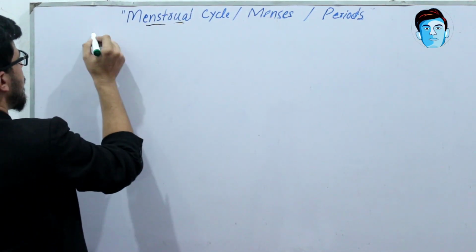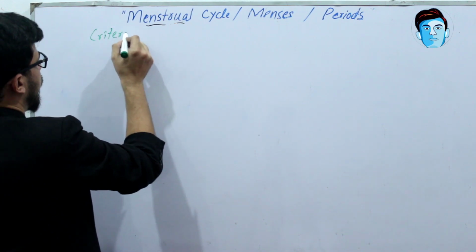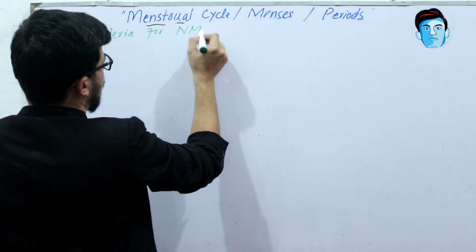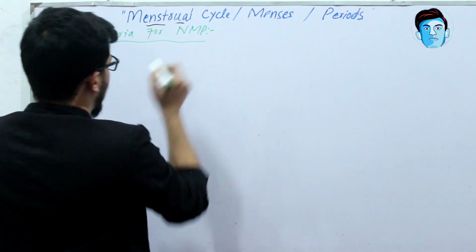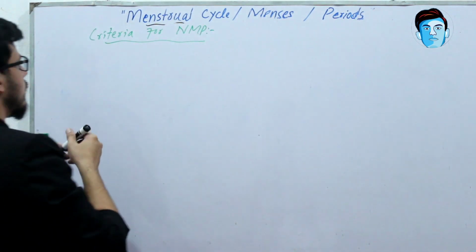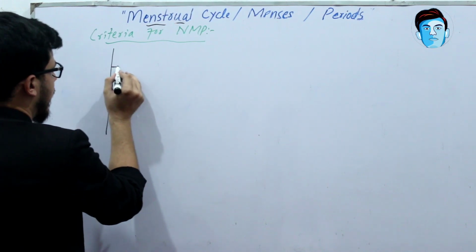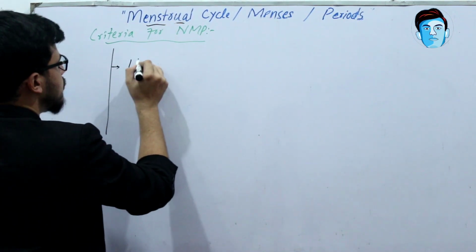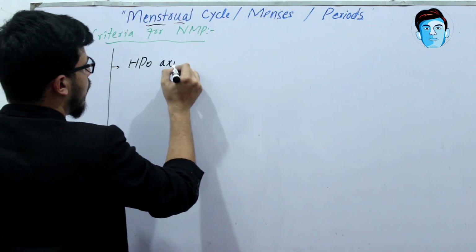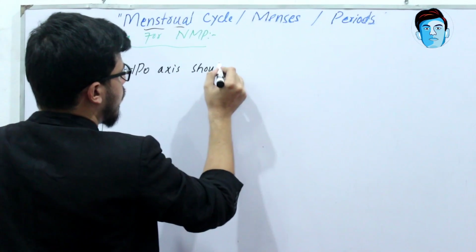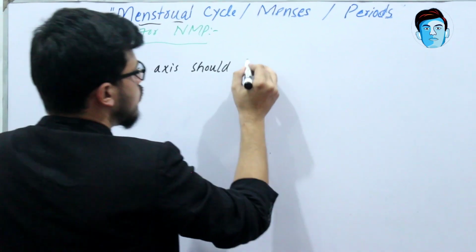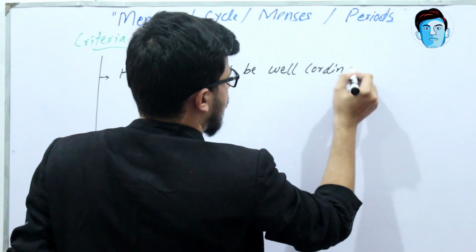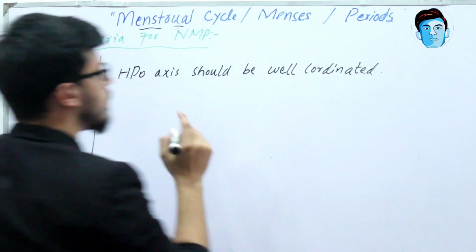I told you earlier that the first important criterion for a normal menstrual period is that the HPO axis should be well coordinated. So this is very important.